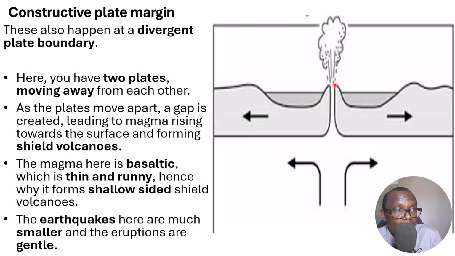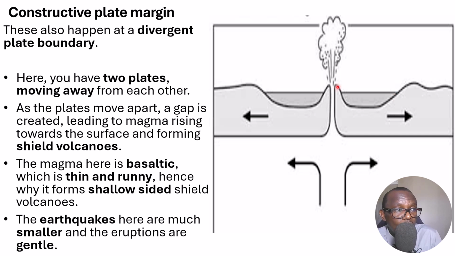Now, when that happens, it normally will form a shield volcano. And the reason for that is because the lava that is coming from below the surface is basaltic lava, right? Which is likely to be thin and runny. And because it's thin and runny, it's going to flow over longer distances. And due to that, it's going to form a gently sloping volcano.